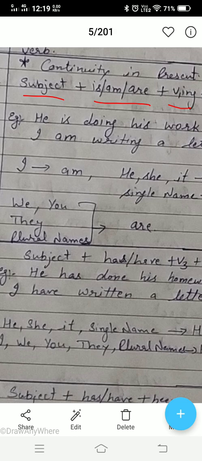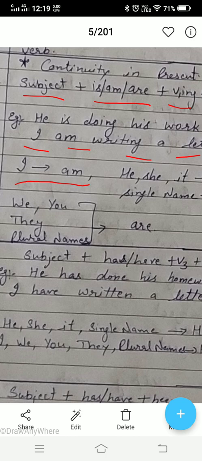His work object. I am writing a letter. I subject, am, helping verb, writing, first form plus ing, and a letter object. So here I is using am.